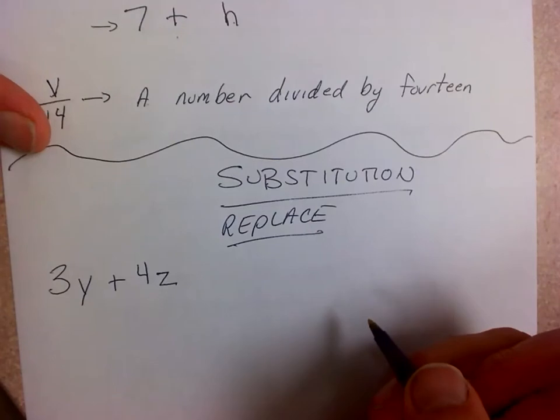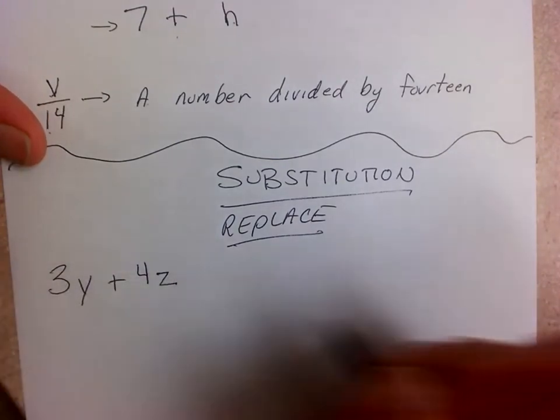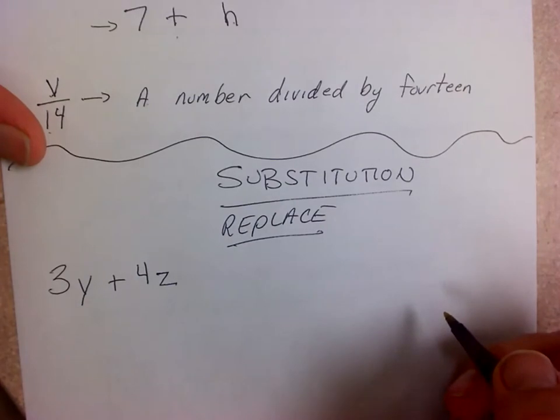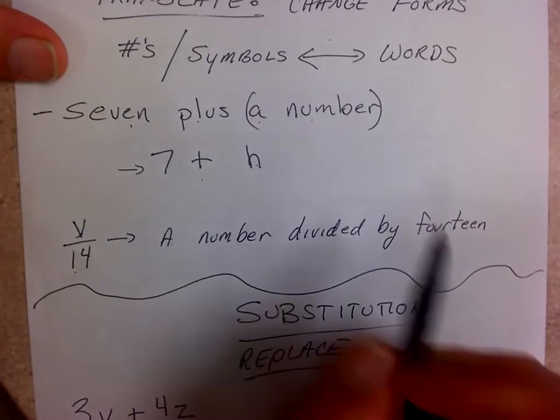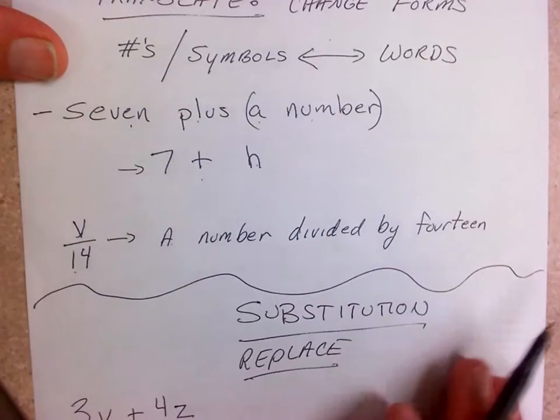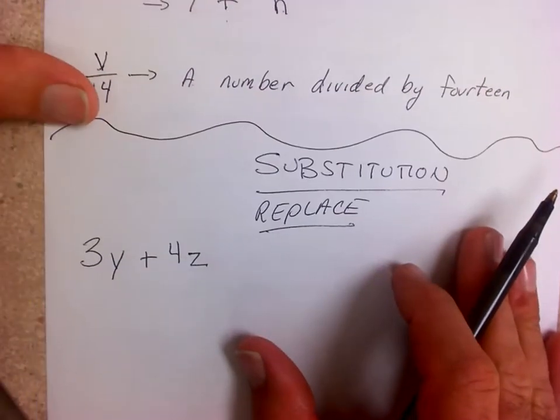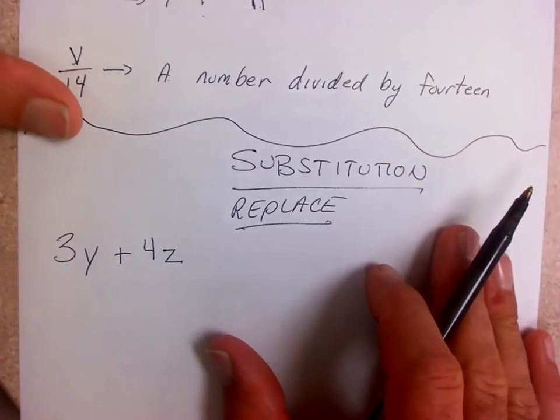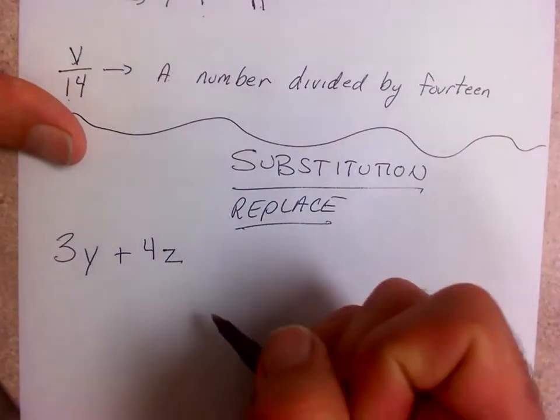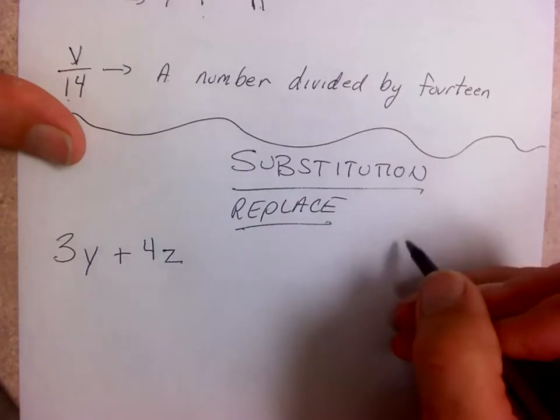Okay, so our expressions may look something like that. We got numbers and variables. So now instead of just converting from one form to the other, the second half of your homework tonight is actually working with an expression, okay?